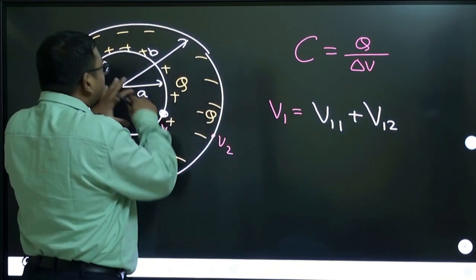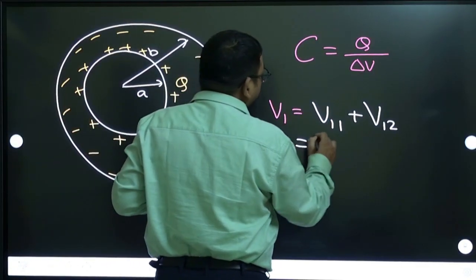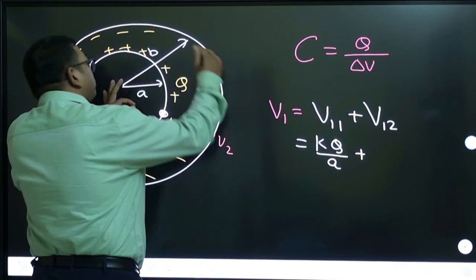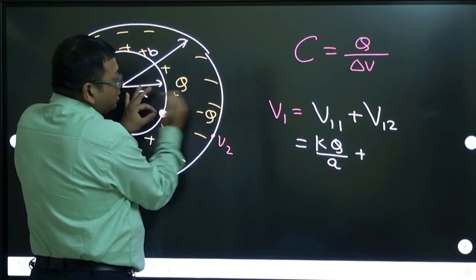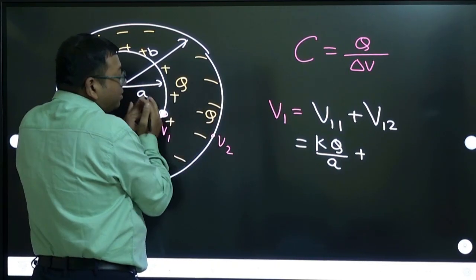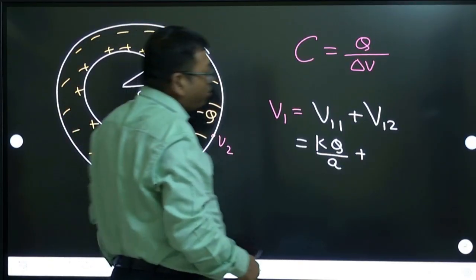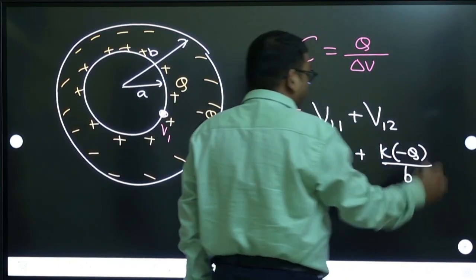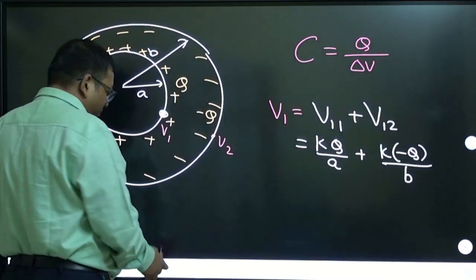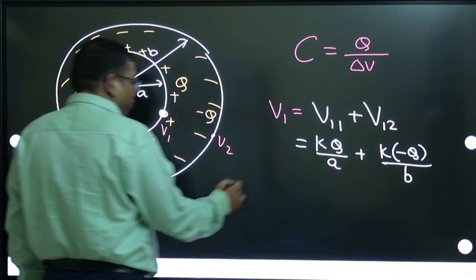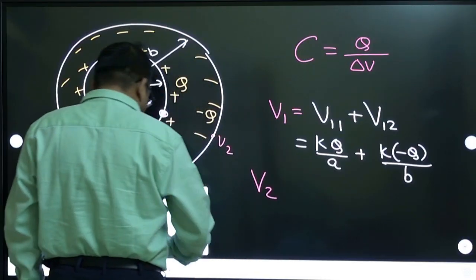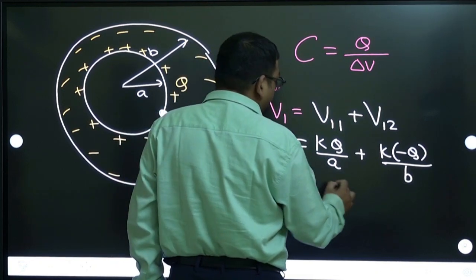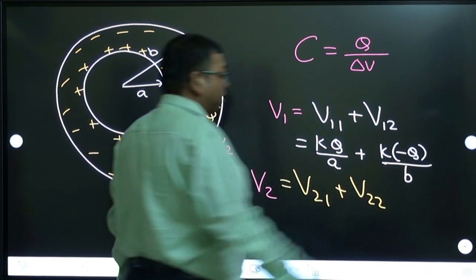The potential here due to its own surface is kq by a, since its radius is a. Now the potential here due to the other surface: this point is inside, so for an inside point it is k times the charge over the radius of the bigger one. So k, its charge is minus q, and that radius is b. This is V1. In the same way, tell me V2. V2 we will write as the potential at 2 due to 1 and the potential at 2 due to 2 itself.